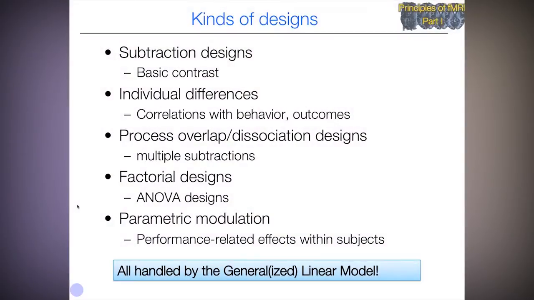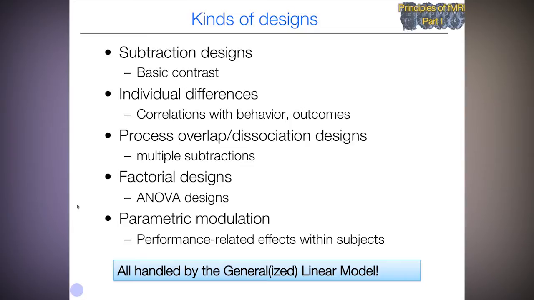So here are several kinds of designs that are commonly employed in fMRI experiments. Subtraction designs are basic contrast between task and control, or one type of task and another. Individual differences designs focus on correlations with external measures of behavior, like age or performance.